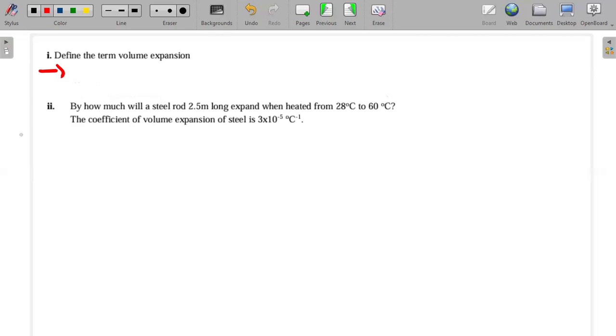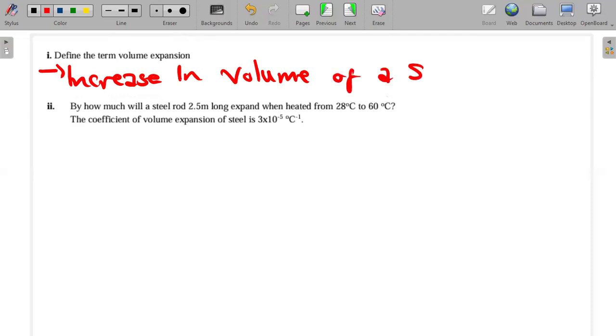Okay, so it's the increase in volume of a substance when subjected to temperature change.